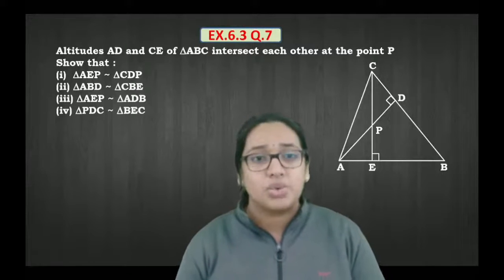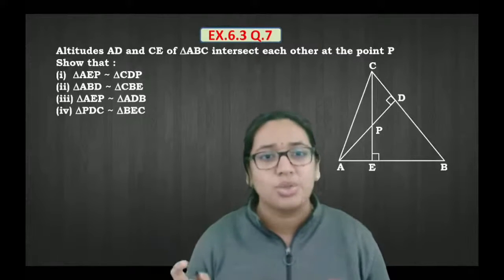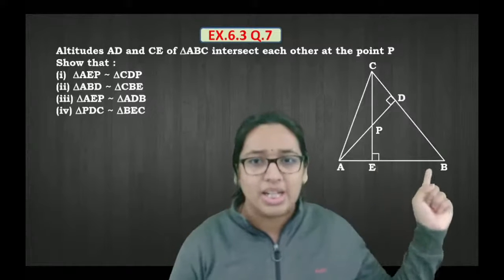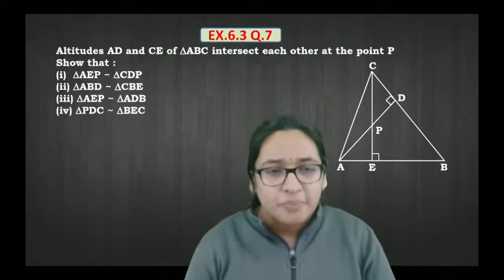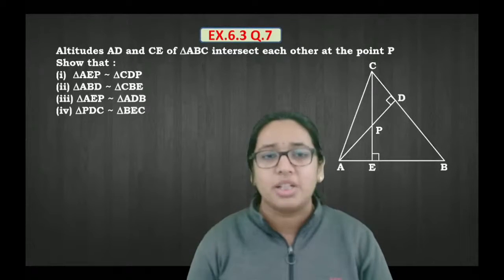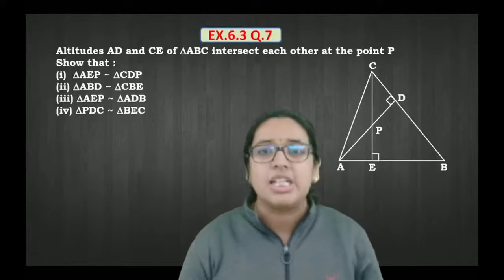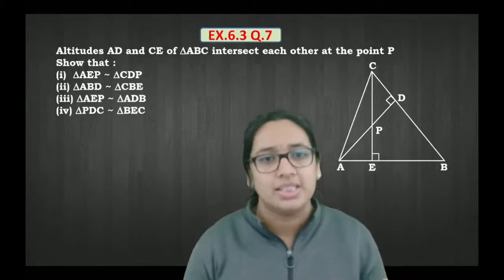The first one is triangle AEP is similar to triangle CDP. The second one is ABD is similar to CDE. The third one is AEP is similar to ADB. And the last one, PDC, is similar to BEC.